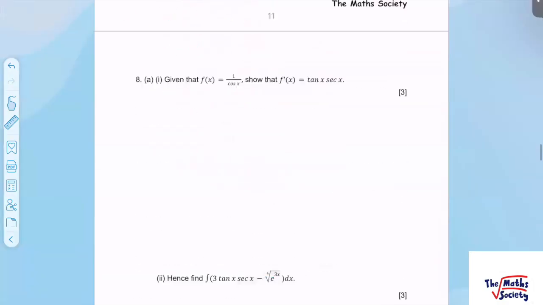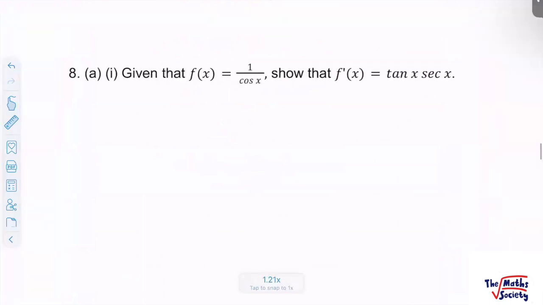And moving on to part A, it says that given that f of x is equal to 1 by cos x, show that f prime x is equal to tangent x secant x. So f of x is 1 by cos x, which equals cos x power minus 1. So f prime x equals minus cos x power minus 2 multiplied by minus sine x. So that's sine x by cos squared x, which is sine x by cos x multiplied by 1 by cos x.